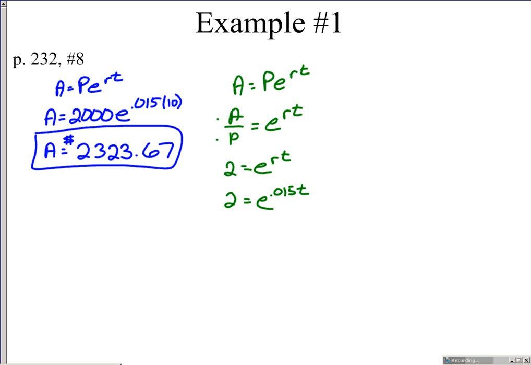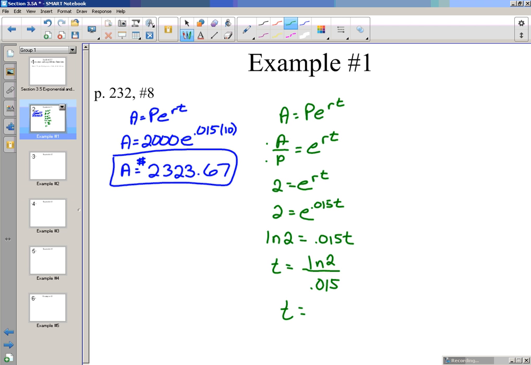Exponential equation. Follow your steps for solving. We want to isolate the exponential. In this case, the exponential is all by itself. So we move right to the next step of taking the natural log of both sides. When I take the natural log of e, remember that cancels. I'm just left with 0.015t. t is going to be the natural log of 2 divided by 0.015. Plug that into your calculator.